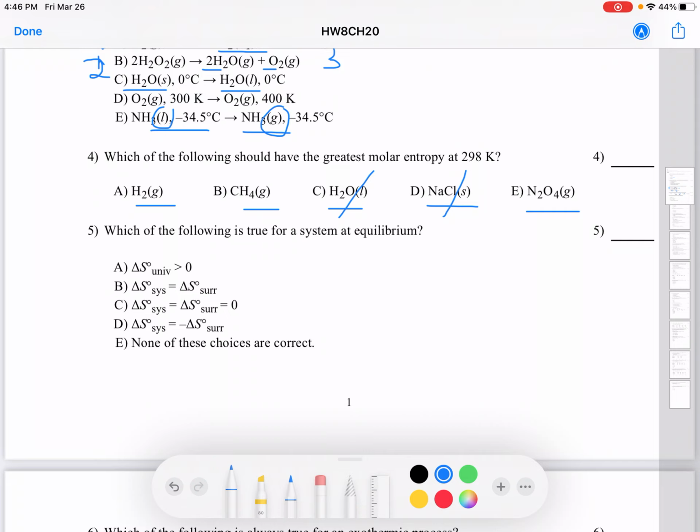At equilibrium, there is no net change. So the system entropy would be the same as the surrounding entropy but in opposite amount, the same but opposite sign. Delta S naught system equals negative delta S naught surrounding. So the correct answer would be D.